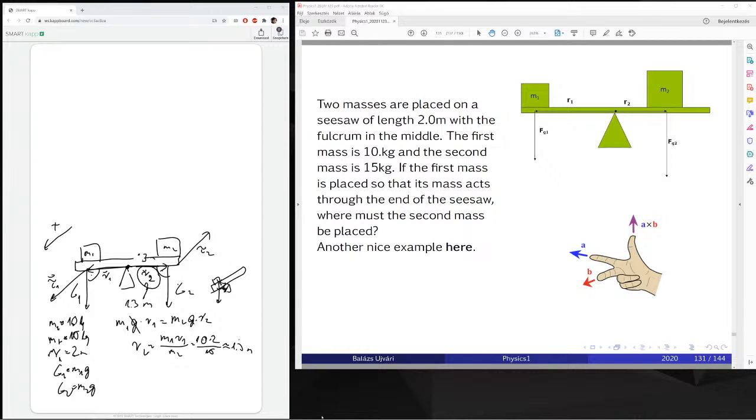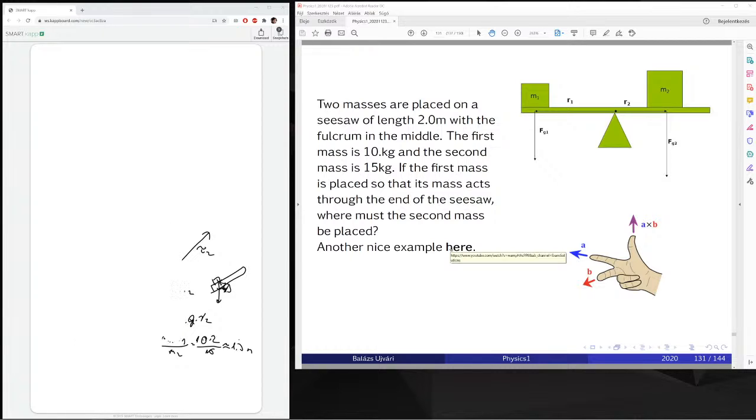You can find here more interesting and more detailed example how to calculate the condition for a ladder. It's worth to check. These are the so-called rigid objects.